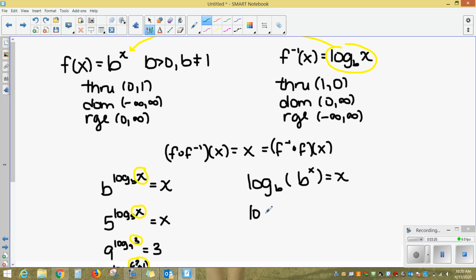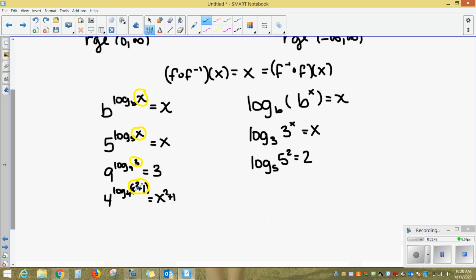This is more often what we'll see in the problems that we'll do in the rest of the chapter. We'll have a base here of 3 and a base here of 3, so the answer is just that exponent. And the faster that you recognize that, the shorter the problems become. We don't have to write down quite as many steps.